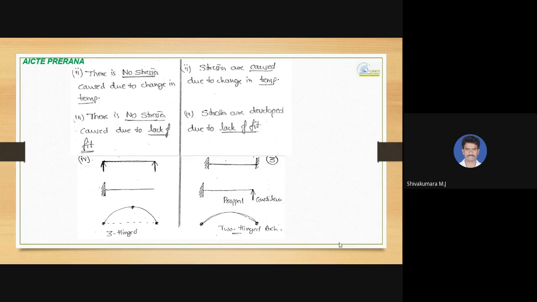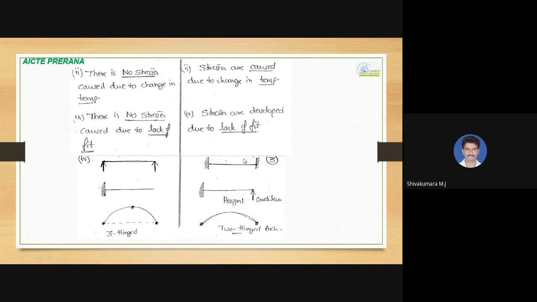Some examples of statically determinate structures are the simply supported beam, cantilever beam, and three hinged arches. These structures can be analyzed by using the three conditions of equilibrium which I showed, that is summation of V equal to 0, summation of H equal to 0, and summation of M equal to 0.